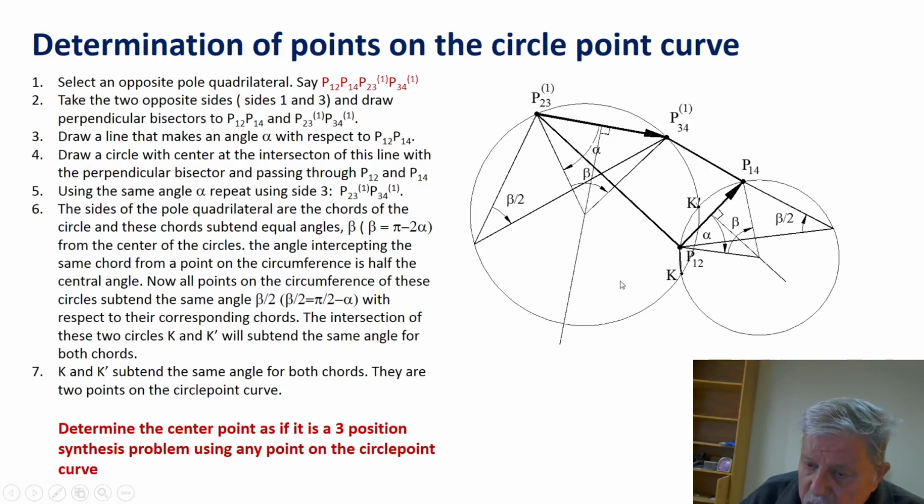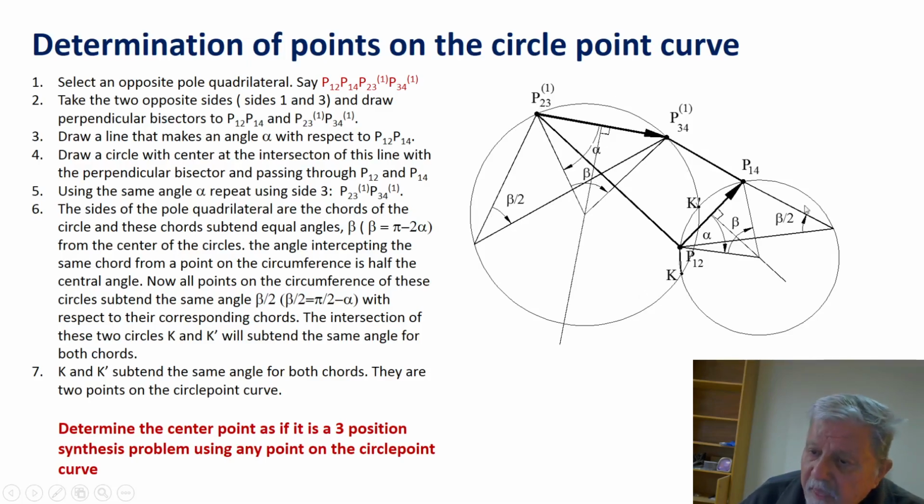Now, you can draw a circle with center at the intersection of this line with the perpendicular bisector, passing through the poles P231, P341.